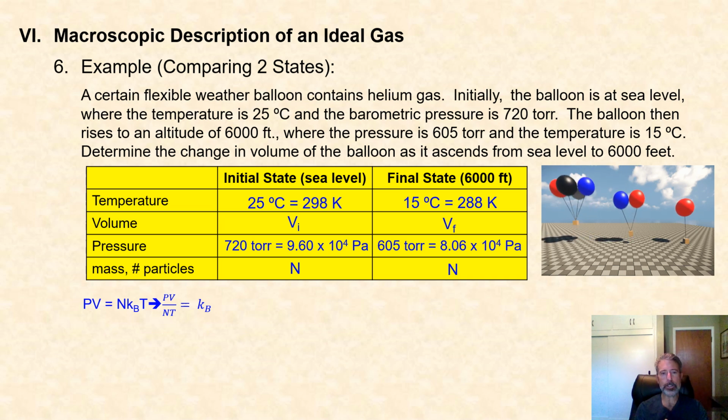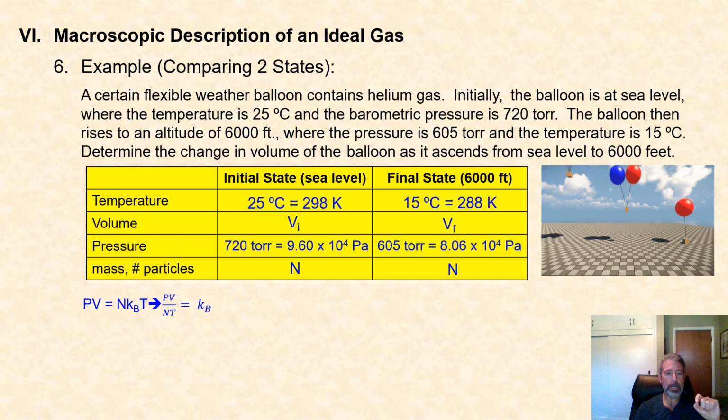We could have just as easily done this using the universal gas constant expressed in SI units as well. It really doesn't matter, because whether we're talking about the number of particles or the number of moles, that is a quantity that will cancel out. So like I say, you could just as easily solve this problem using the ideal gas law in terms of the ideal gas constant as well. But we'll choose to do this.